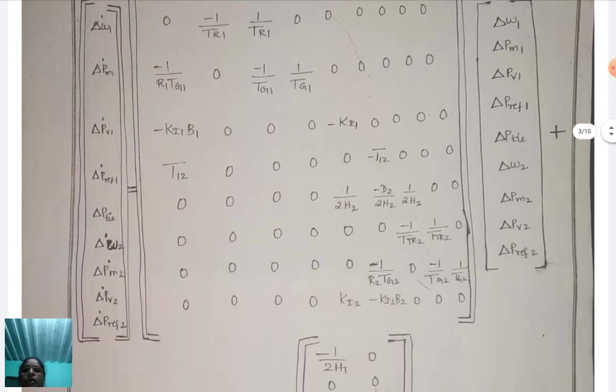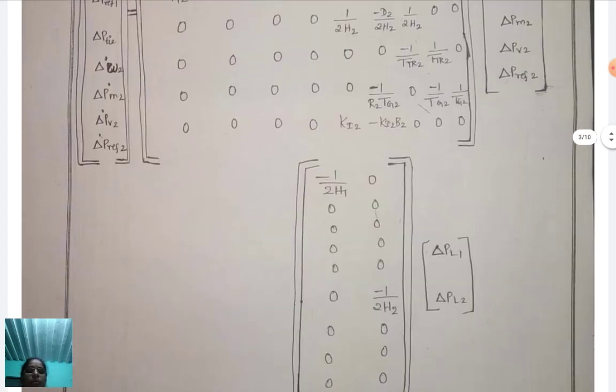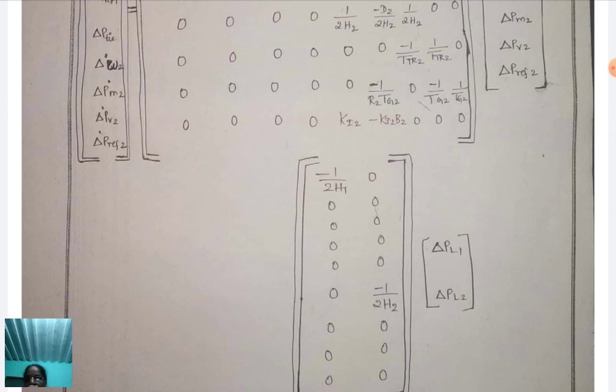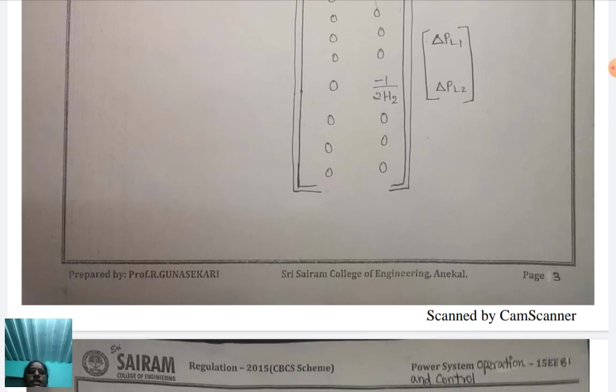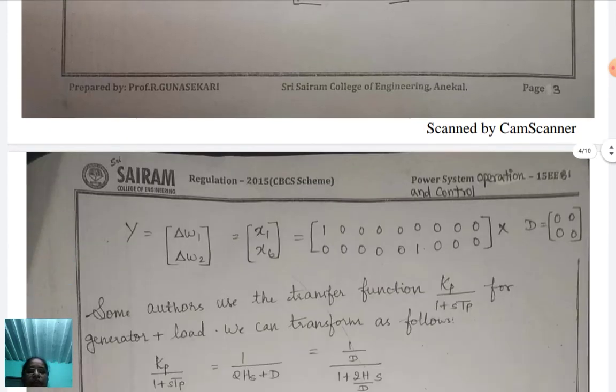The left hand side is the x dot of t, this is the A matrix, this is the x of t matrix, plus B into u of t only. So this is the state model equations for the two area system.